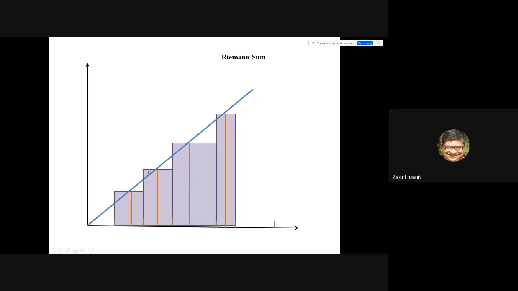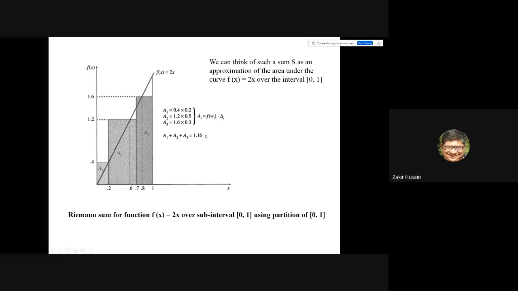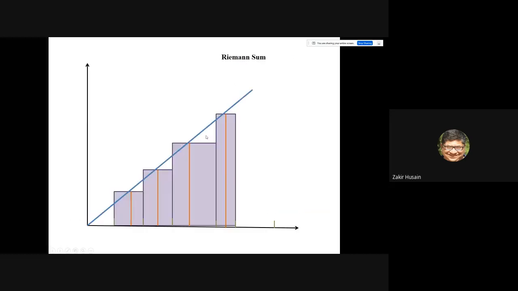Again, the total overestimate is 1, 2, 3, 4, and you're underestimating these 3. So in all, what do you think? If you do the Riemann sum, will this be an overestimate or underestimate for this example?